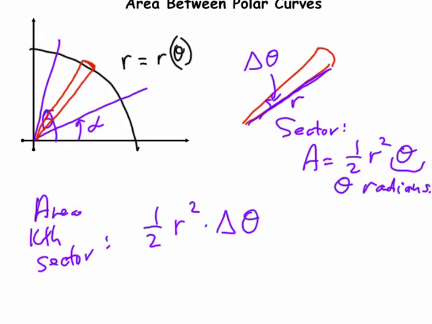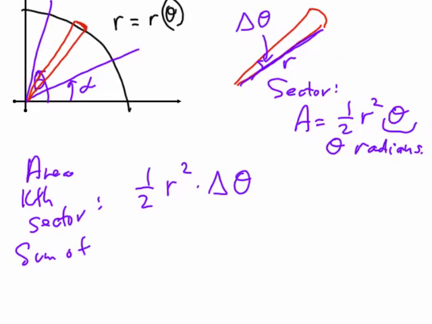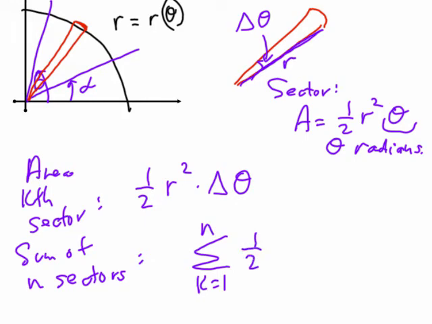We can then get the sum of n sectors by summing up the n sectors, k goes from 1 to n, of each sector.